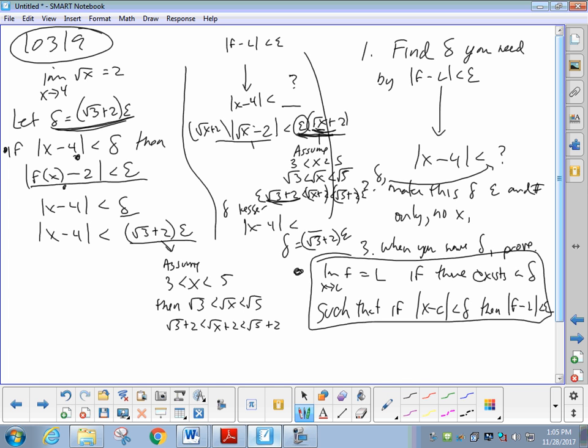Now here's where I go into a little more detail. All right, last but not least, I need the epsilon in there. So I'm going to multiply through by epsilon. Now I don't have to sweat whether I switch the inequality or not, because epsilon must be a positive quantity.